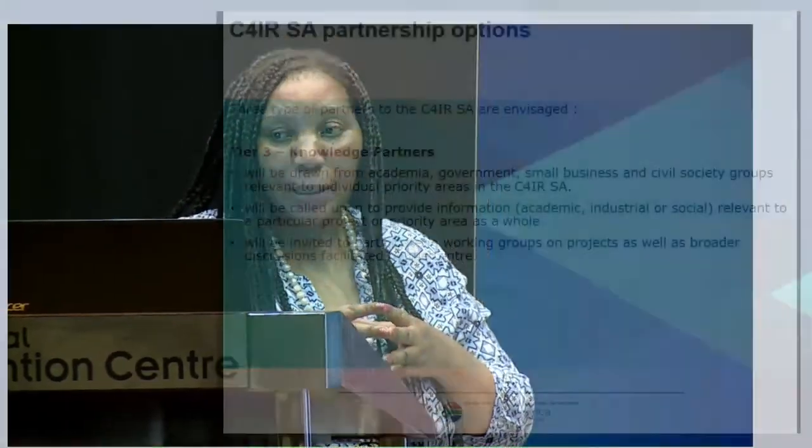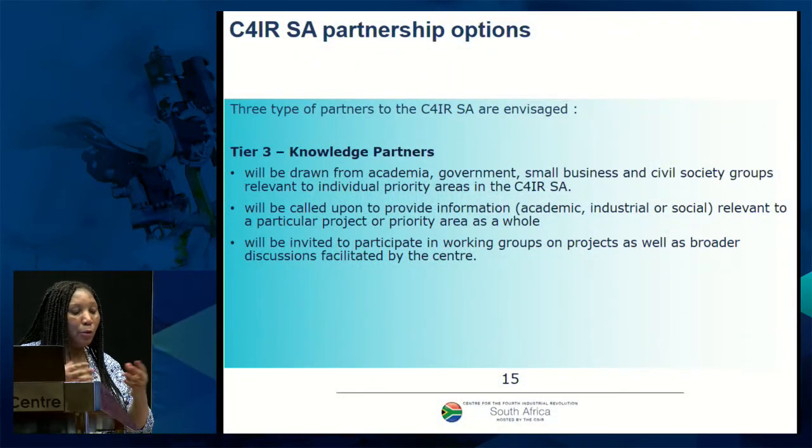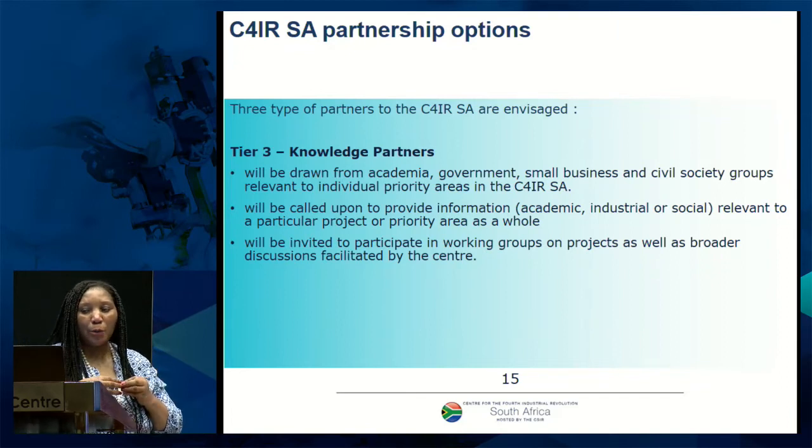We have outlined the ways in which any of the stakeholders and yourselves can partner with the center. We've got three types of partners. One is what we call Tier 1 core members, and we'll send you the detail around what that means. Then we've got Tier 2 project partners.